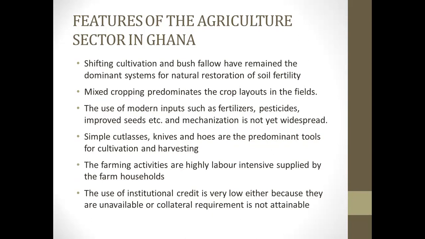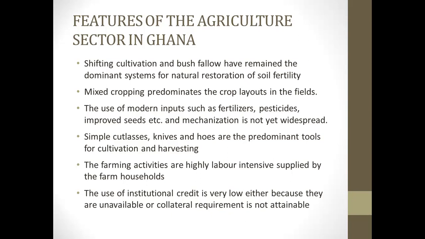Another one is shifting cultivation and bush fallow have remained the dominant systems for natural restoration of soil fertility. Now, this also has an effect, but we'll look at that when we get to challenges. But let me just throw a bit of light on this. In periods wherein lands are under shifting cultivation, you leave some lands to become fruitful again for a period of time before you come back and plant them.